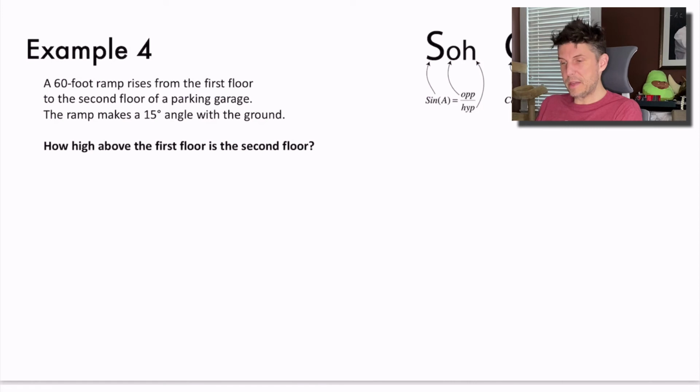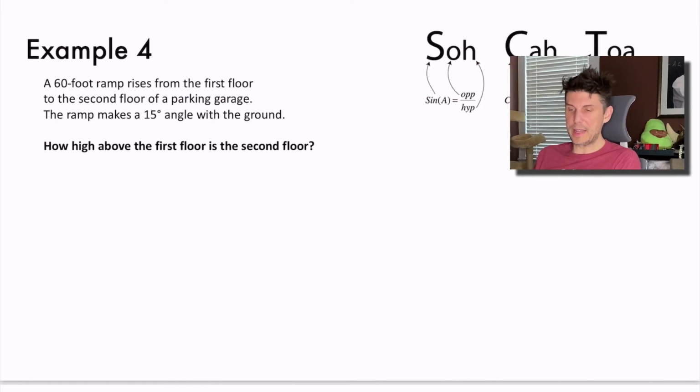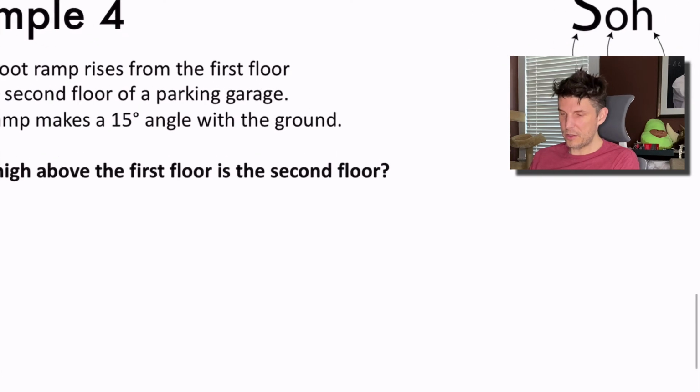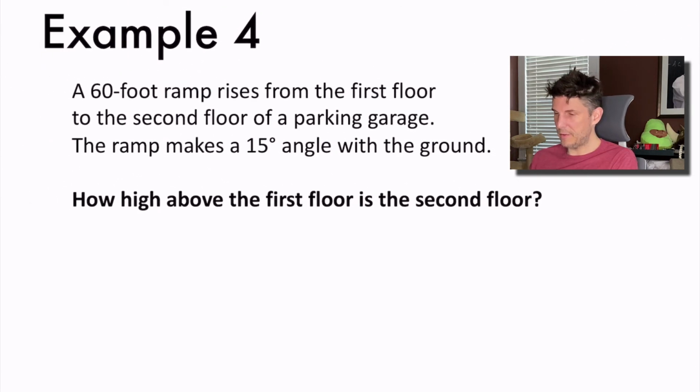And it makes a 15-degree angle with the ground. When they say that, another way to say that is angle of elevation, and I'll just put that here. It has a 15-degree angle of elevation. Angle of elevation.